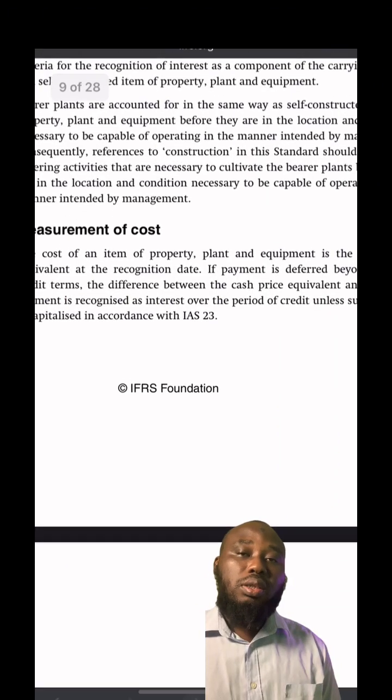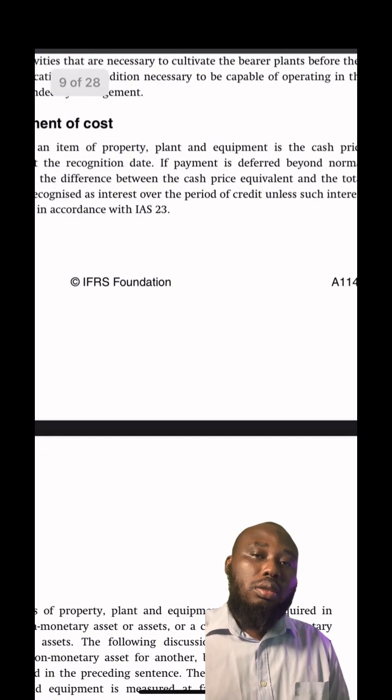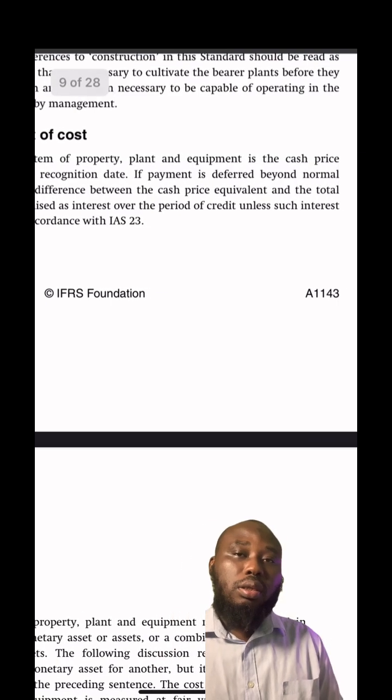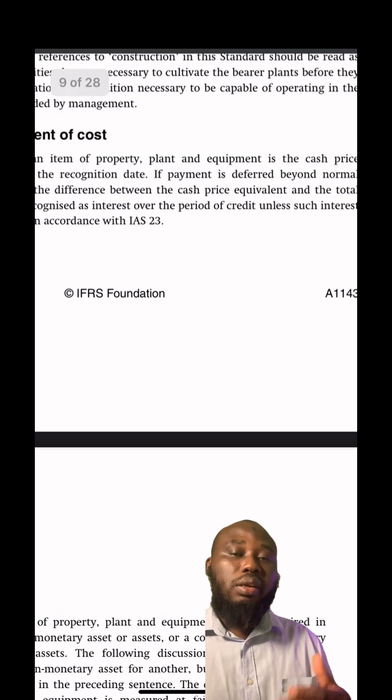So what we're going to do now is do some workings. We're going to look at how to recognize deferred consideration. When we talk about deferred consideration, we're simply talking about considerations that are being delayed to the future. When you buy an item now, instead of paying cash, you are paying in the future, which means you are being granted the advantage of paying later at a specific agreed period of time.